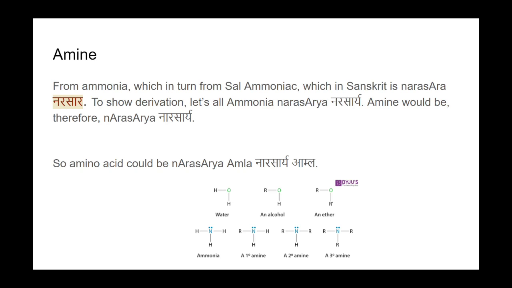So amino acid would therefore mean Narasarya Amla. However, I would like the term Probujina Anga, meaning part of a protein, not only because it's easier, but also because some amino acids have high pHs.